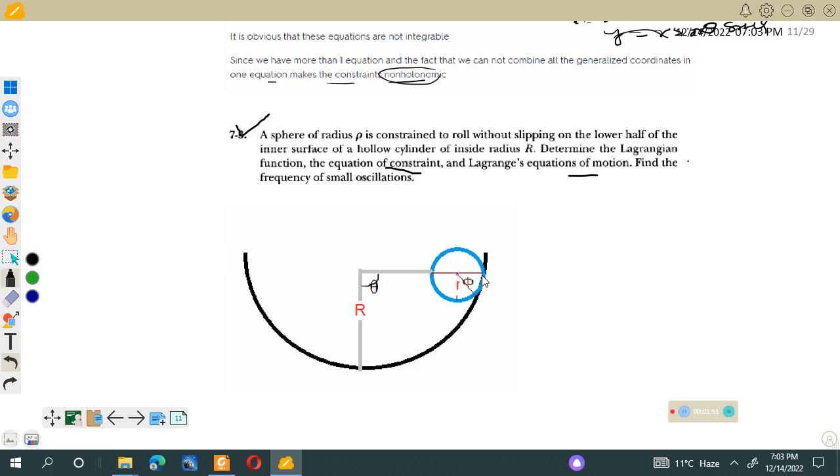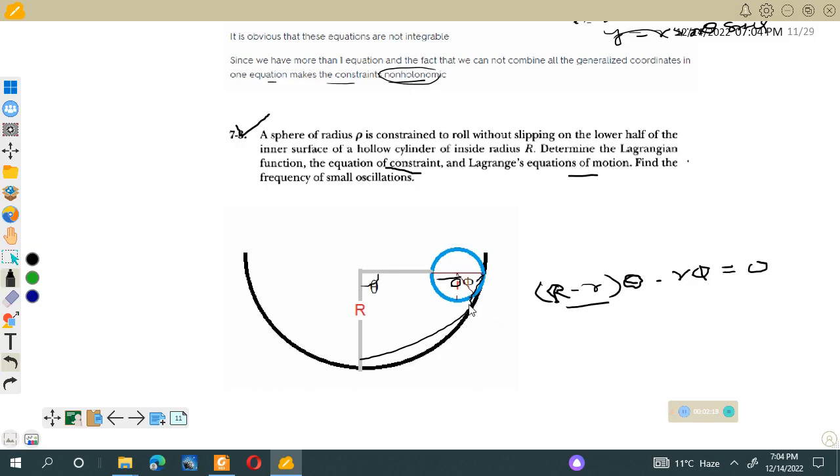This angular displacement R theta is the curved path, and its effective radius will be equal to R minus rho, where we represent the sphere's radius by small r. So (R minus r) into theta minus r phi should be equal to 0.